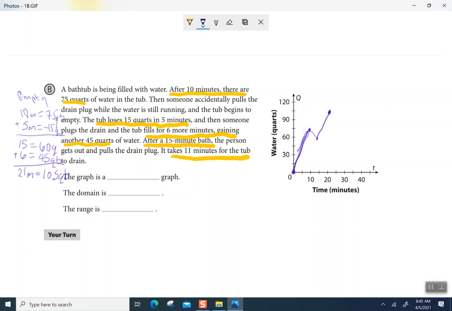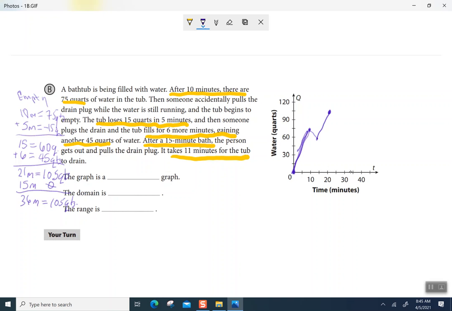All right. Now the person sits in the tub for 15 minutes. Then add or lose any water. So now that means we are sitting at 36 minutes equals 105 quarts. 36 minutes.